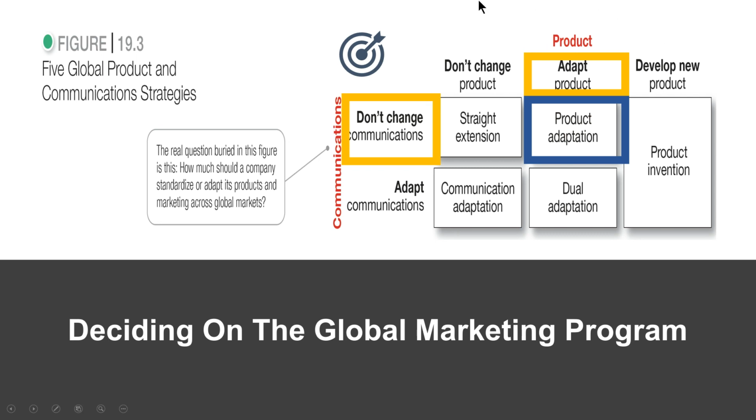So please know all these different ways that you would actually communicate your marketing and how you would either change your product or not, or develop a new one, and what marketing strategy you would put into play based off of those decisions.